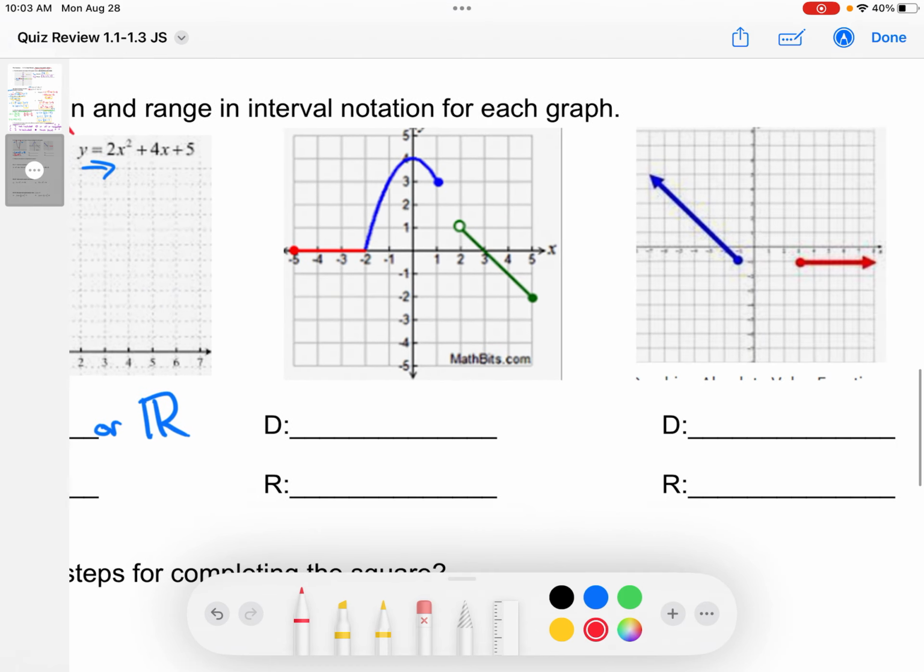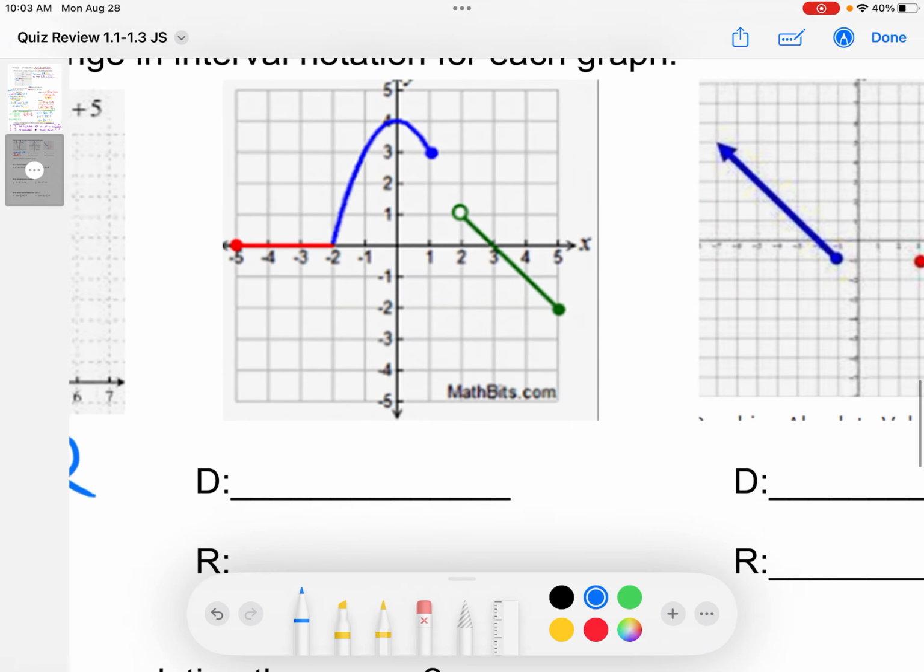Now, let's look at the second one. Domain, we're going left to right on the domain. So if we look at these pieces, the left does start at -5. It's a closed circle, so it's a bracket. That piece goes from -5 until +1.